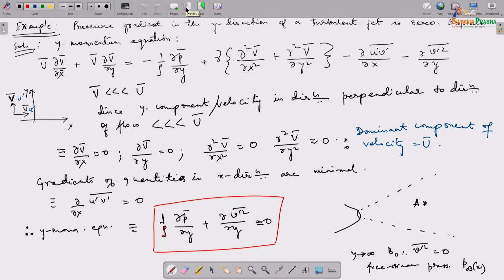B is the point which is at infinity. So this is where it has free stream pressure.